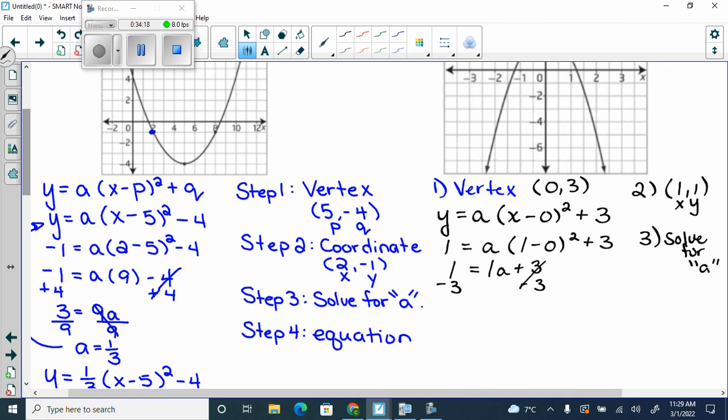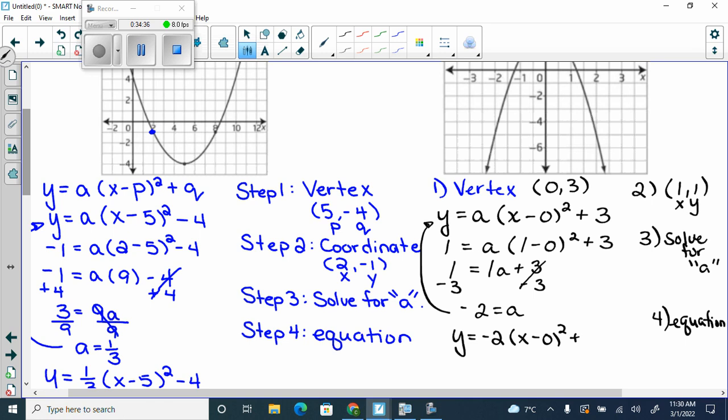So I get negative 2 equals a. And then step 4 is equation. So I'm going to go back and put it into here. So I'm going to get y equals negative 2, x minus 0 squared, plus 3.